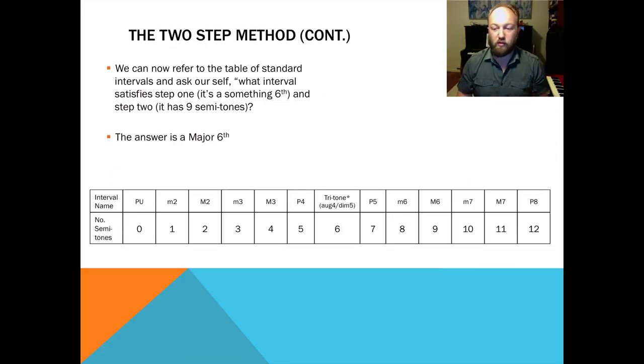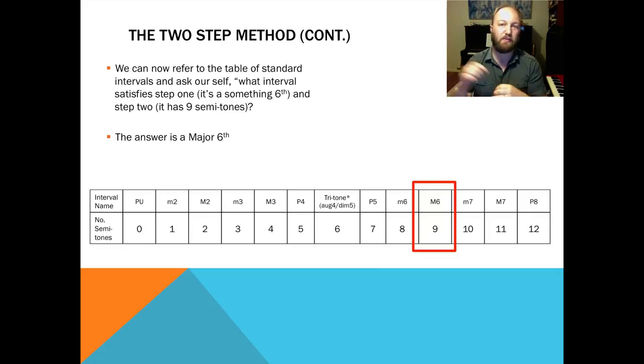So then we refer back to our table. We know it's a something sixth, so we're expecting it to be either 8 or 9 semitones. We counted 9 semitones, so the answer is a major sixth. A lot of people have been taught a way to look at the lower note and then think of the major scale, and if it's in the major scale, it's going to be a perfect or a major interval.